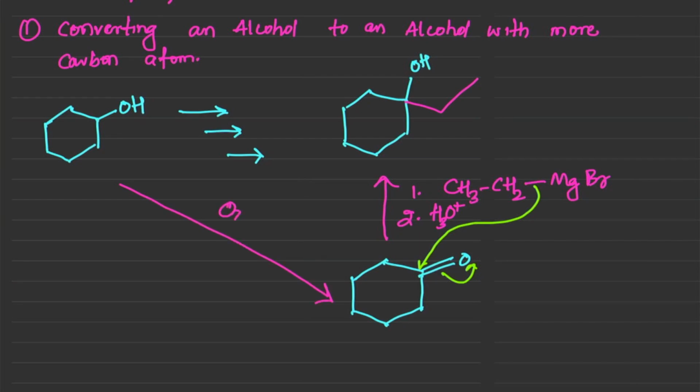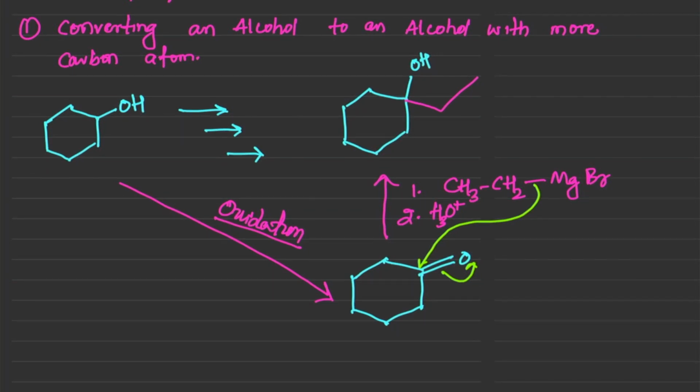All we have to do is oxidation reactions. And we know that a secondary alcohol can only be oxidized to a ketone. So it doesn't matter what kind of reagent you're going to use. You can use chromic acid, it will still form a ketone. But if you had an aldehyde here, if you have a primary alcohol here, you cannot use chromic acid.